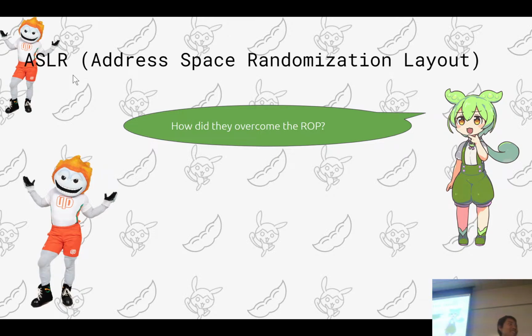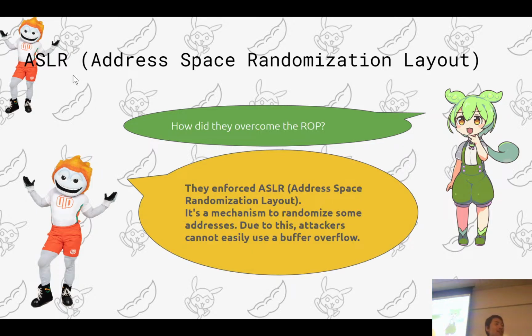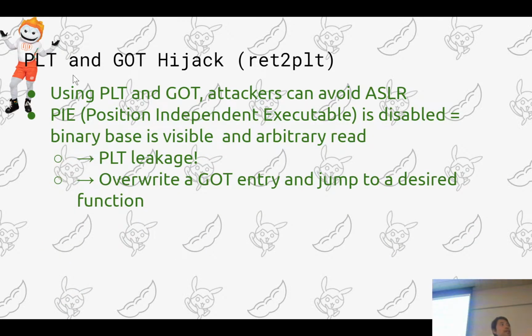Oh, you've got it: ASLR. They enforced ASLR, address space layout randomization. It's a mechanism to randomize some addresses. By randomizing, attackers will find it hard to predict the right memory address to jump to, so they cannot easily use it.